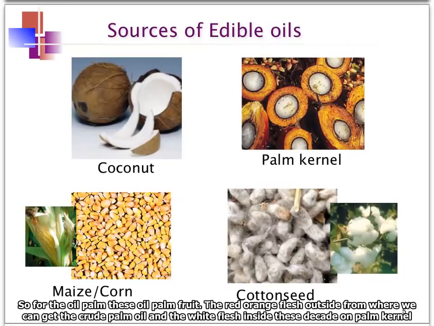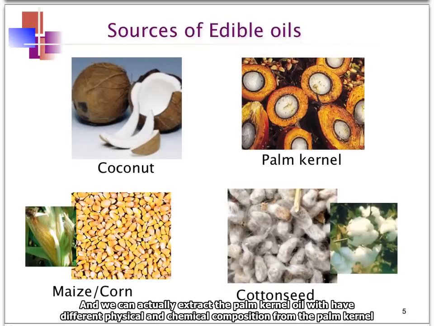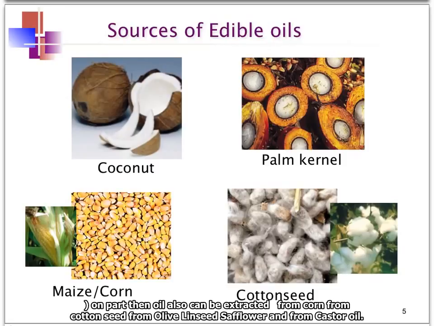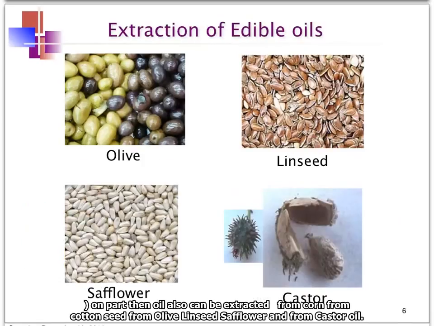For the oil palm, the red or orange flesh outside is where we can get the crude palm oil, and the white flesh inside is actually the palm kernel, and we can extract the palm kernel oil, which has a different physical and chemical composition from the palm oil. Then oil also can be extracted from corn, from cotton seed, from olive, linseed, sunflower, safflower, and from castor oil.